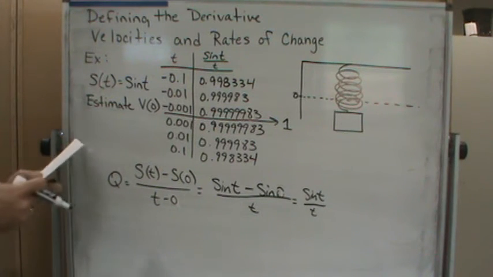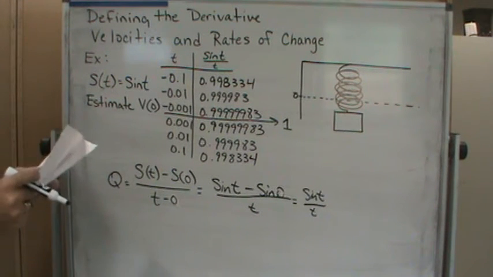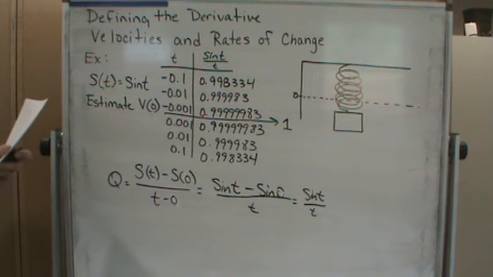And what are the units here? Let me look at here. So it says a lead weight on a spring is oscillating up and down. Its position at time t with respect to the fixed horizontal line is given by S of t equals sine t. It says use a table of values to estimate v of 0. Okay?